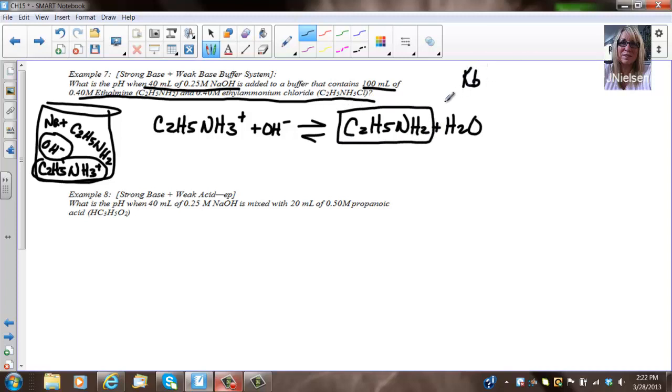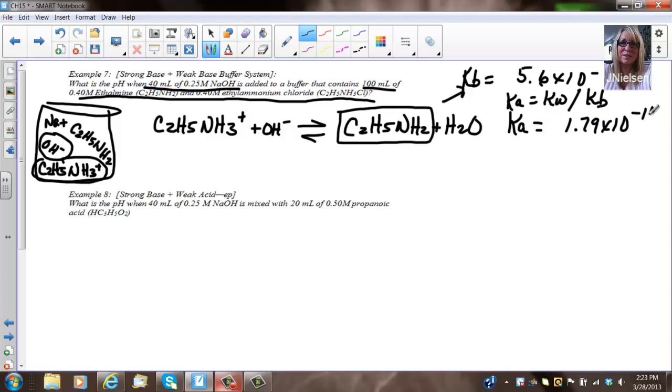The Kb for the ethylamine is going to be 5.6 times 10 to the minus 4. I can get that from the back of the book. However, I'm going to need the Ka because we're going to be able to use Henderson Hasselbalch here. So I'm going to do that over here now. Ka equals Kw divided by Kb. So our Ka is going to be equal to 1.79 times 10 to the minus 11.